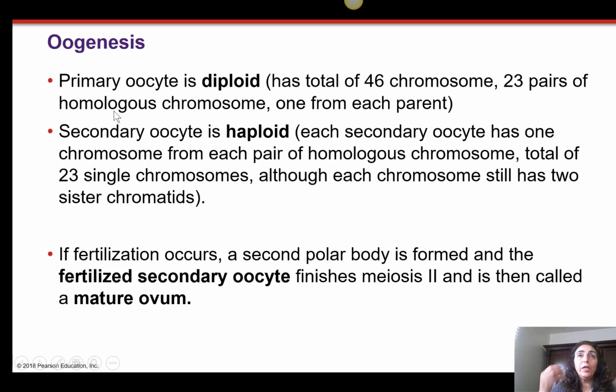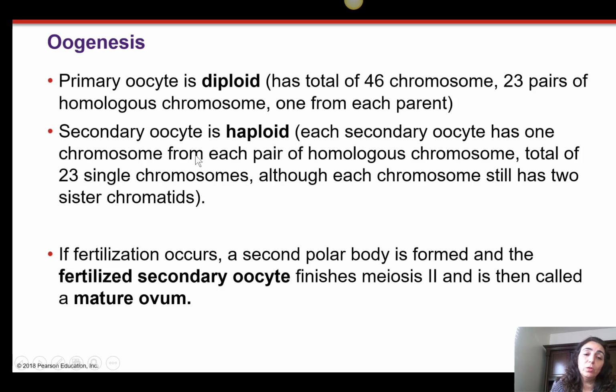For example, for hair color, you have one gene inside one chromosome of the mother, and the other one on the other homologous chromosome from the father, right? These two together make a pair of chromosomes, but the total is 46. Now, the secondary oocyte is haploid.